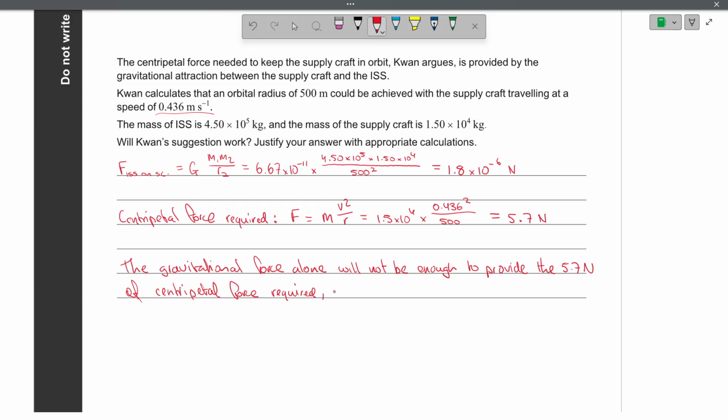So therefore, Quan's suggestion will not work. Okay, there you go. All right, so we've justified our answer with appropriate calculations, and we've also said whether the suggestion will work. So that's your 3 marks there.